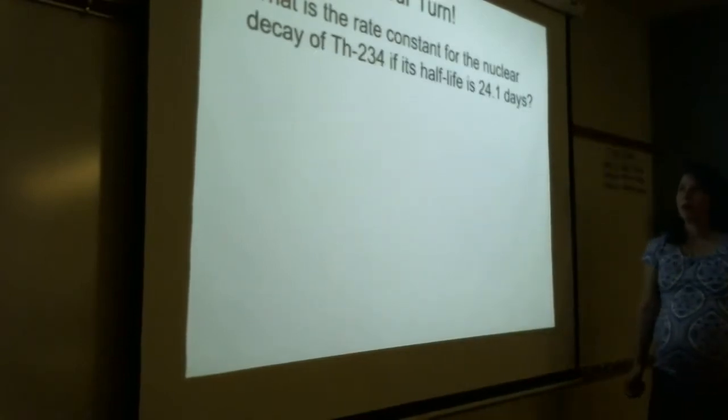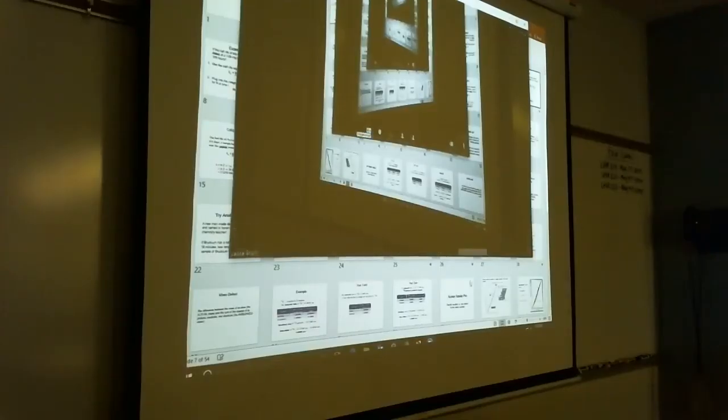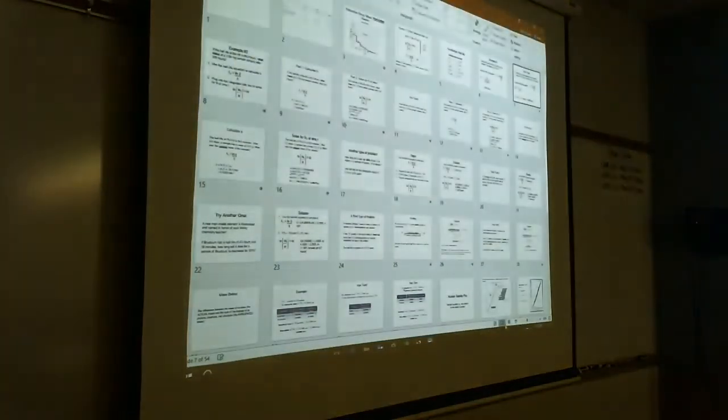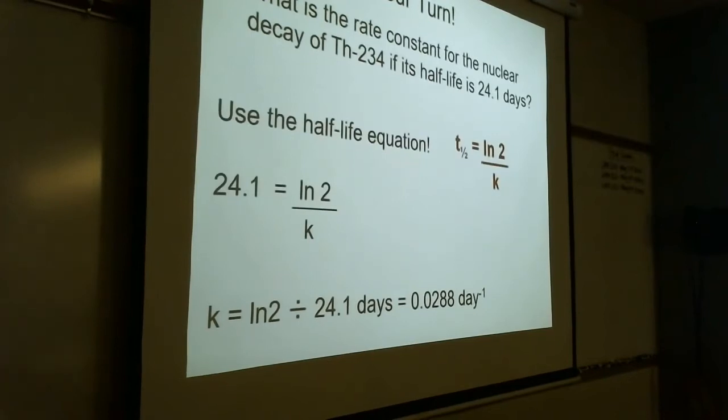All right, so why don't you try this one? What's the rate constant for the nuclear decay of thorium-234 if its half-life is 24.1 days? Take a second and try that one. All right, so we're plugging into the first order integrated rate law half-life equation, right?